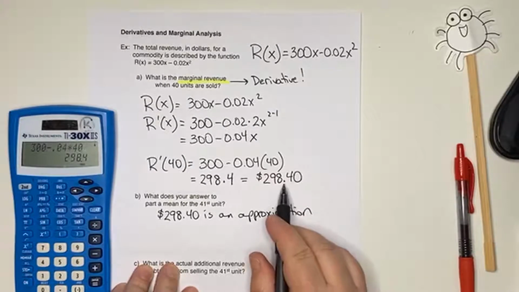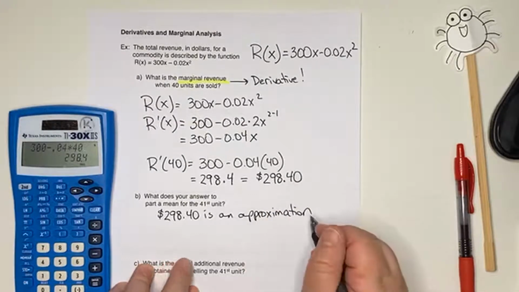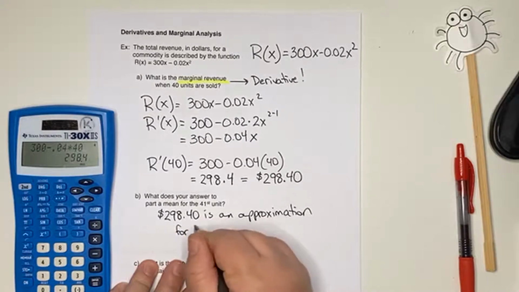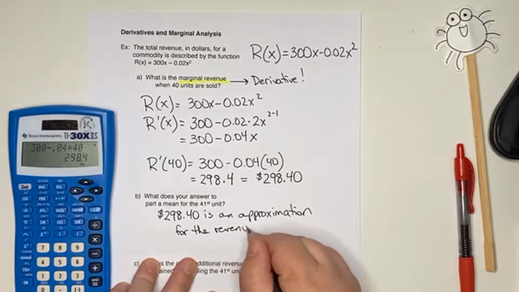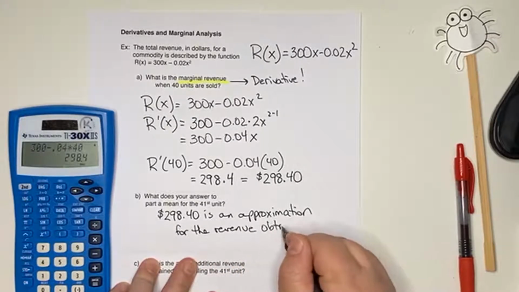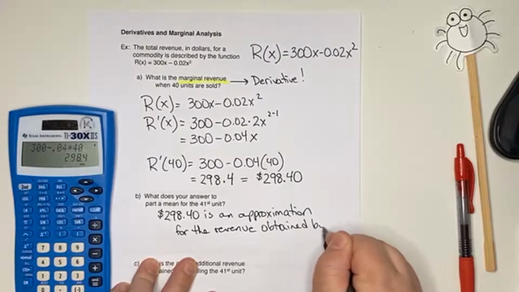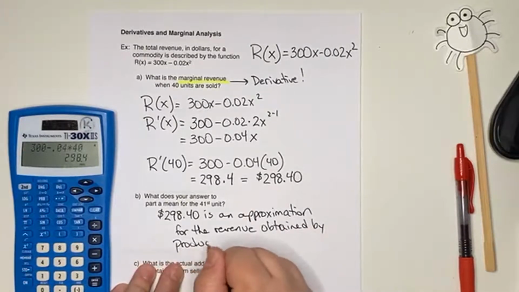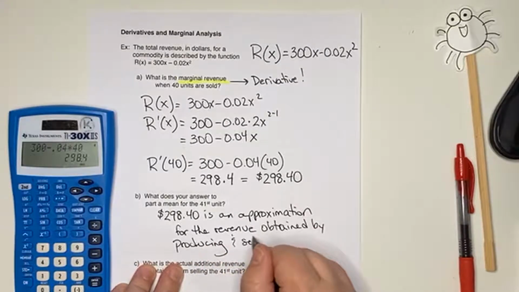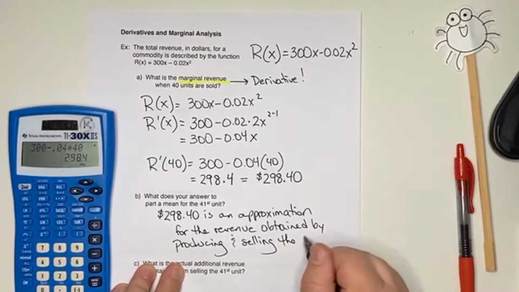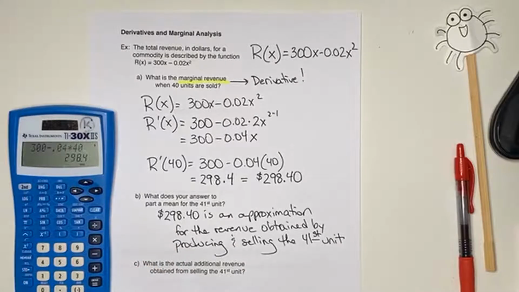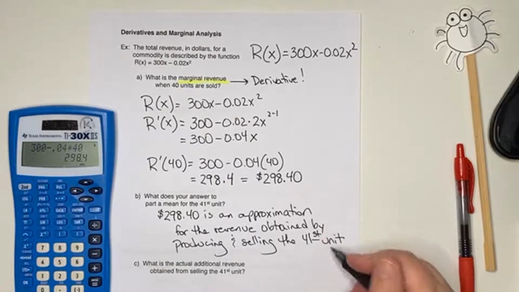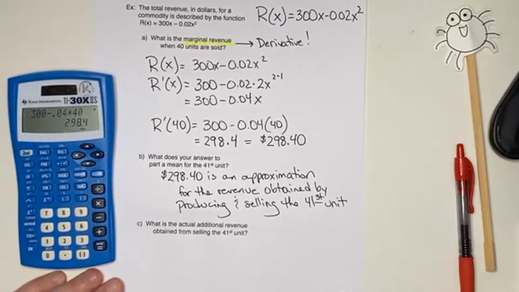So $298.40 is an approximation for the revenue obtained by producing and selling the 41st unit. Now, don't necessarily memorize that. I'm not the best at writing these down, and there are a lot of ways to phrase it.